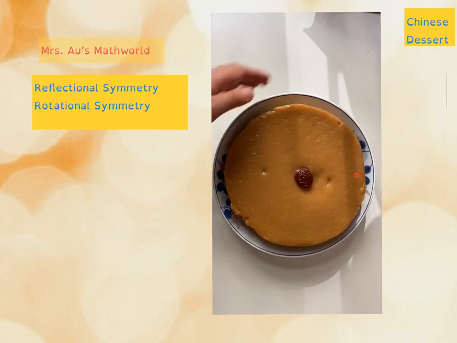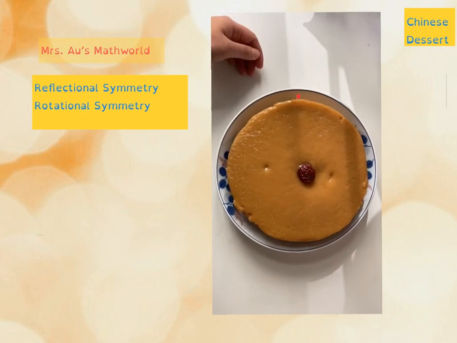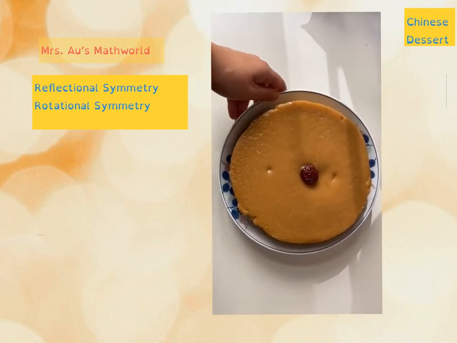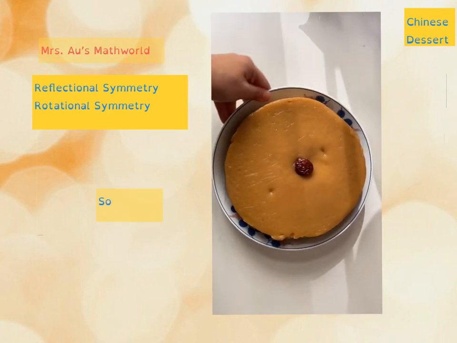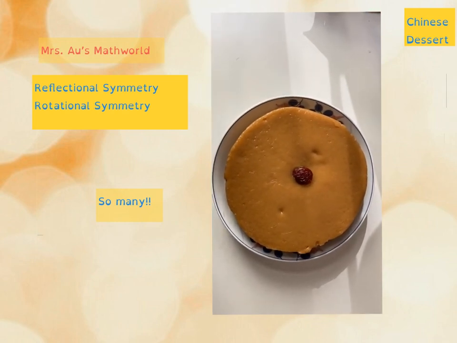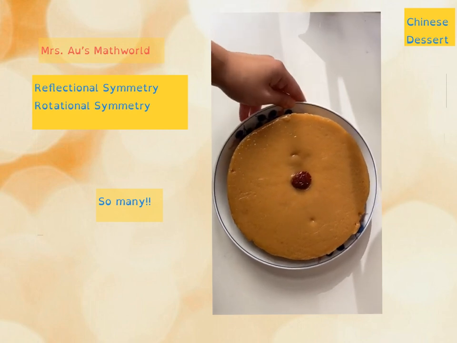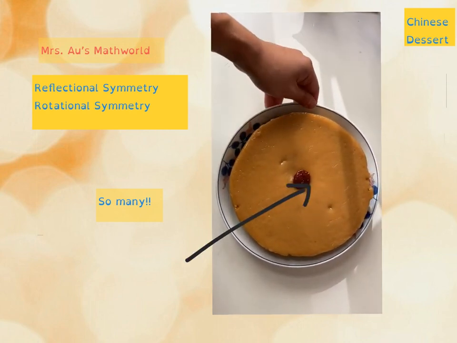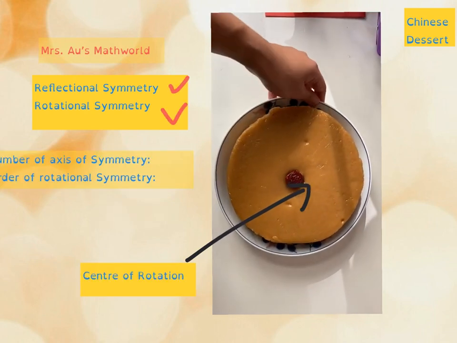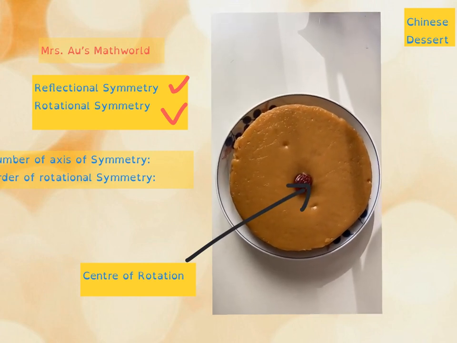So it means we'll have lots of them, like this, in this way, turning in another way, and so on. And for rotational symmetry, the center of rotation is here. Okay, so this is the center of rotation. It's also very difficult to describe how many folds there are for the order of symmetry. So usually we will say that there are infinitely many.